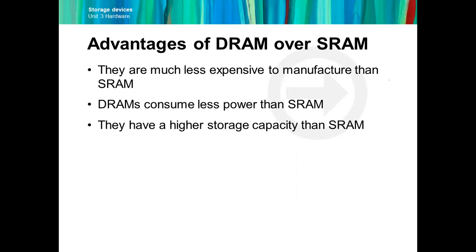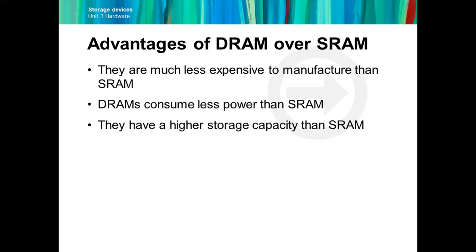Okay, the advantages of DRAM over SRAM. We do have a few advantages. DRAM is much less expensive than SRAM to manufacture, because the SRAM technology is almost similar to how the microprocessor holds some data.